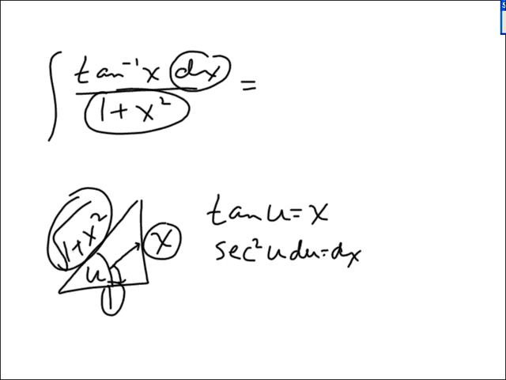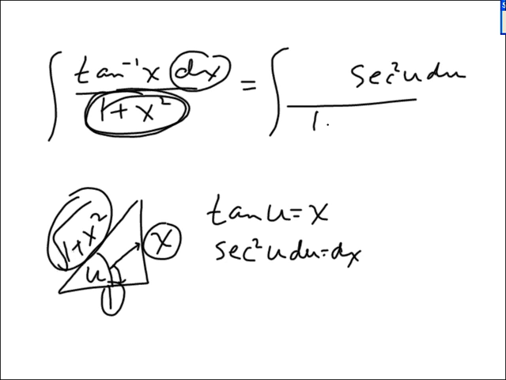So dx is secant squared u du. And the bottom, 1 plus x squared, well, another way of writing x is tangent of u, but that needs to be squared.